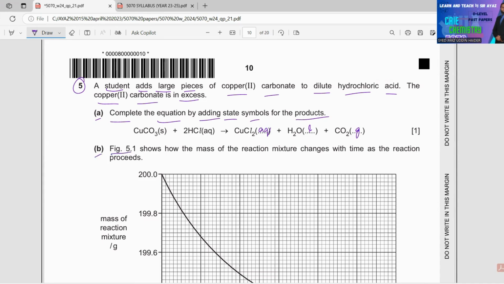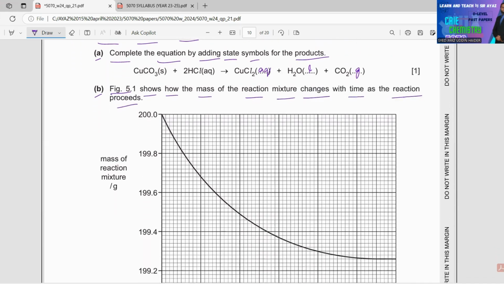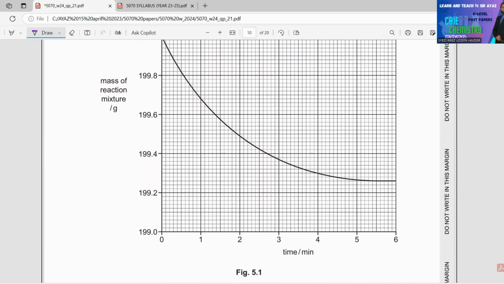B. Figure 5.1 shows how the mass of the reaction mixture changes with time as the reaction proceeds. This is figure 5.1 and you can see clearly the mass of the reaction mixture decreases with time.